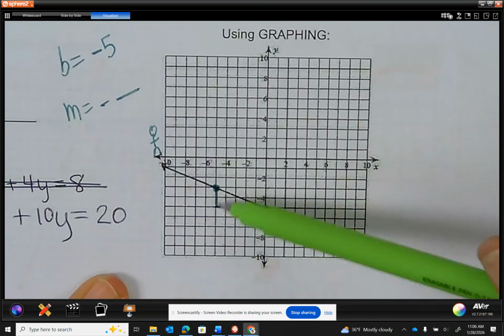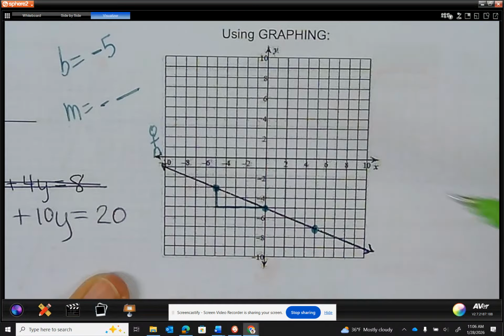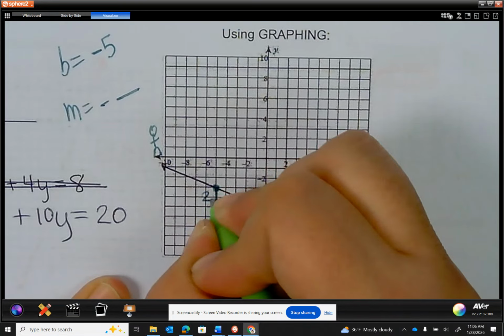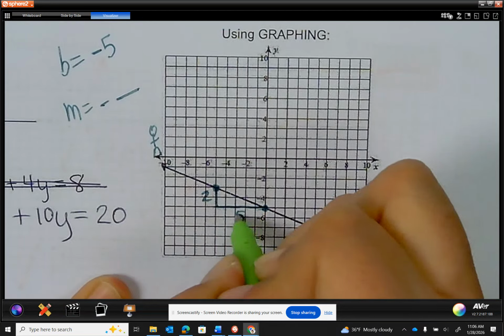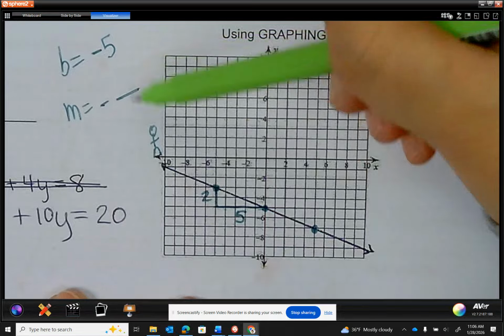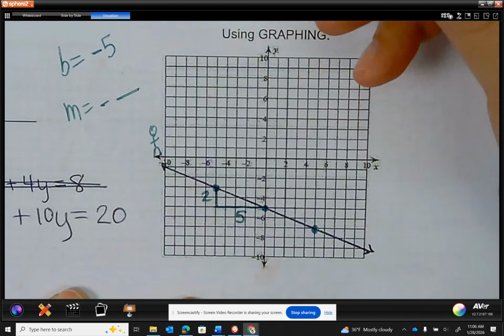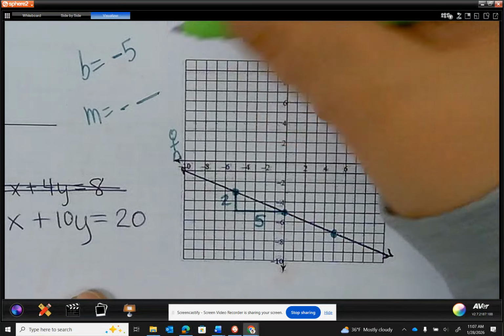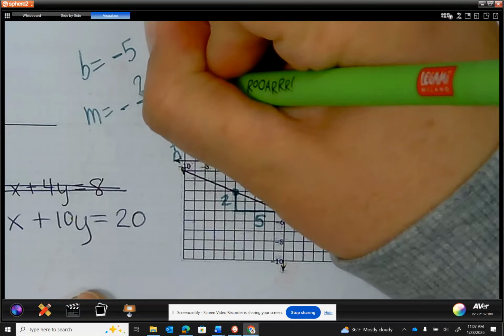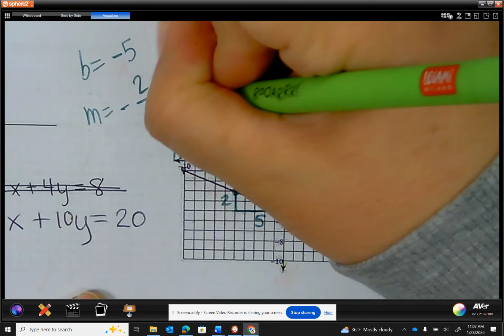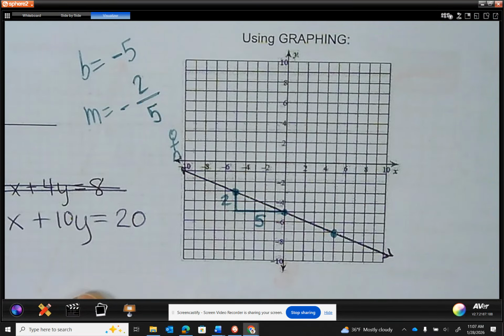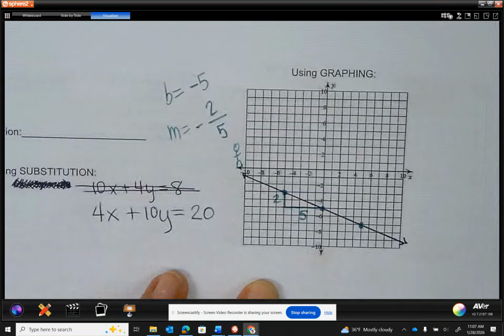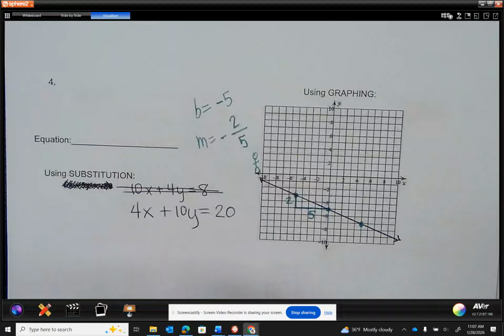What is our rise here? And what would be the run? So if I write my slope, which is the numerator? It's going to be 2, so that means the denominator is 5. Now we have all the information we need to write an equation for this given line. Anybody have that equation?